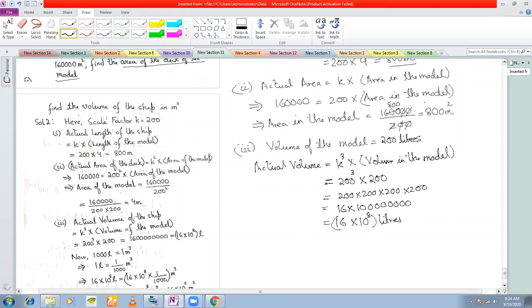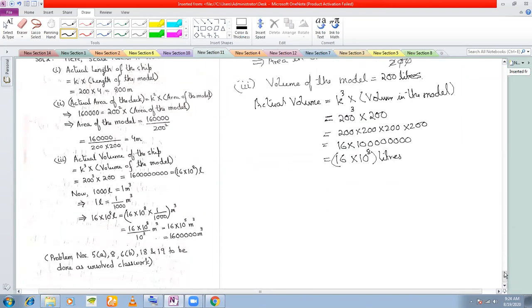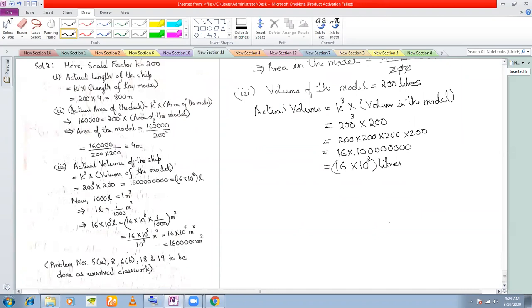But the question here is, find the volume of the ship in meter cube. Now, what is the relation between meter cube and liters? That is something that you must know. This is the relation: 1 meter cube is 1000 liters. So 1000 liters is equal to 1 meter cube.